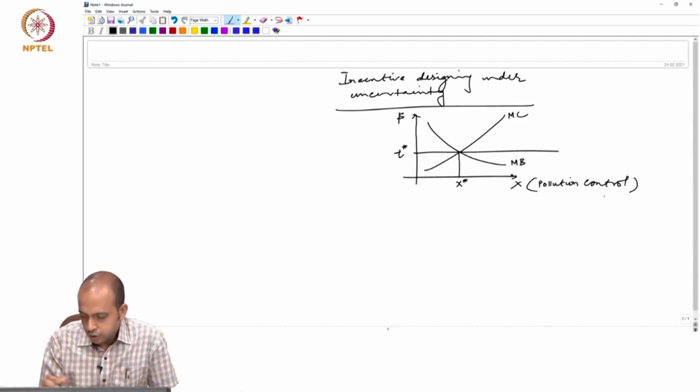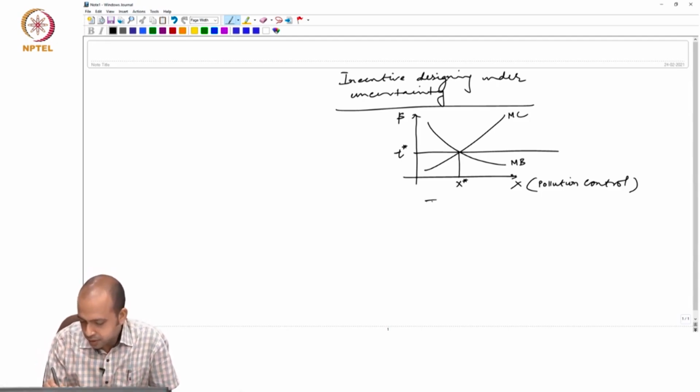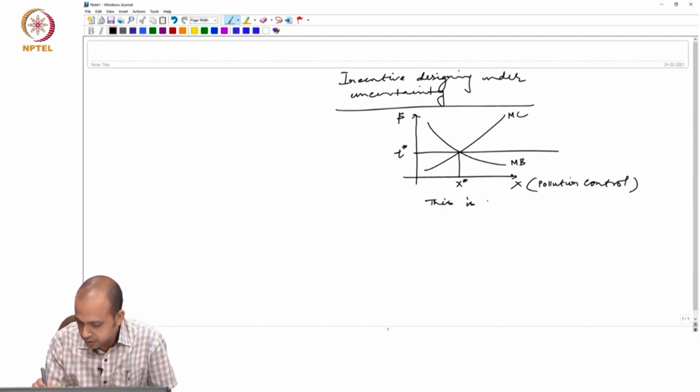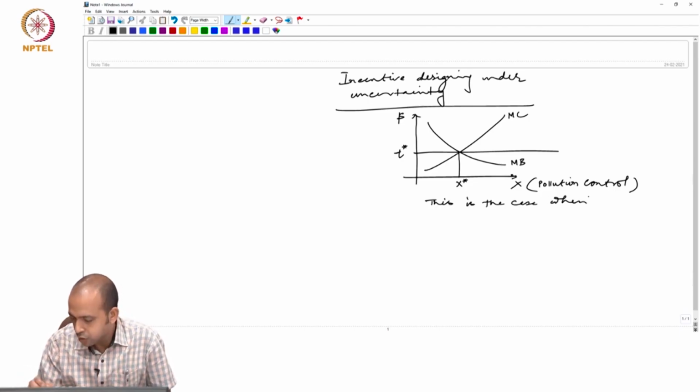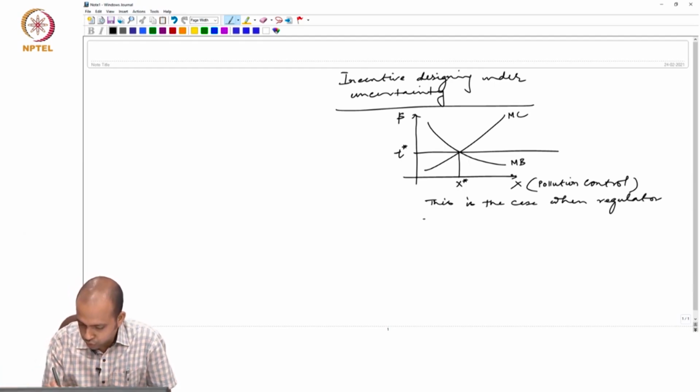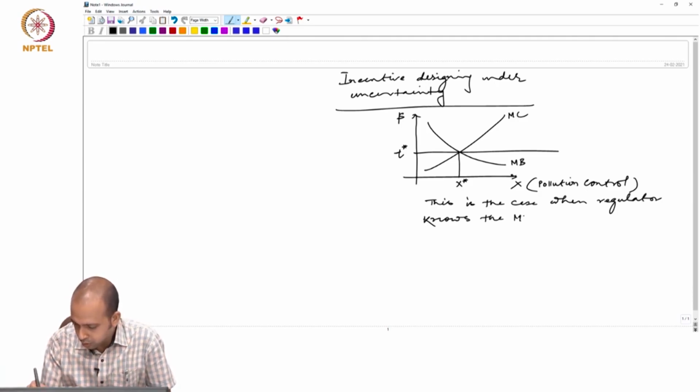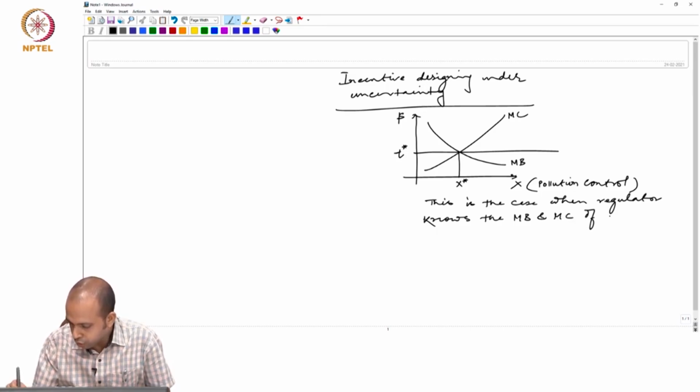Okay, so this is the case when a regulator knows the MB and MC of pollution control with complete certainty.